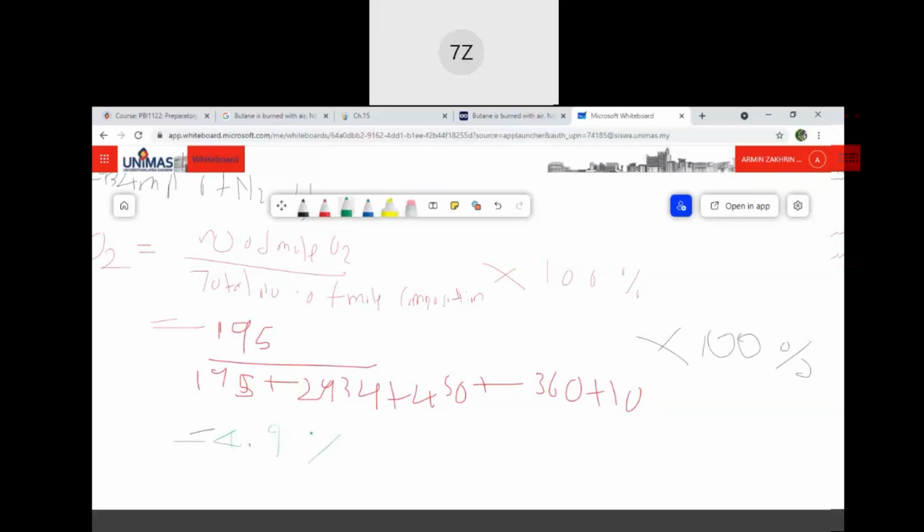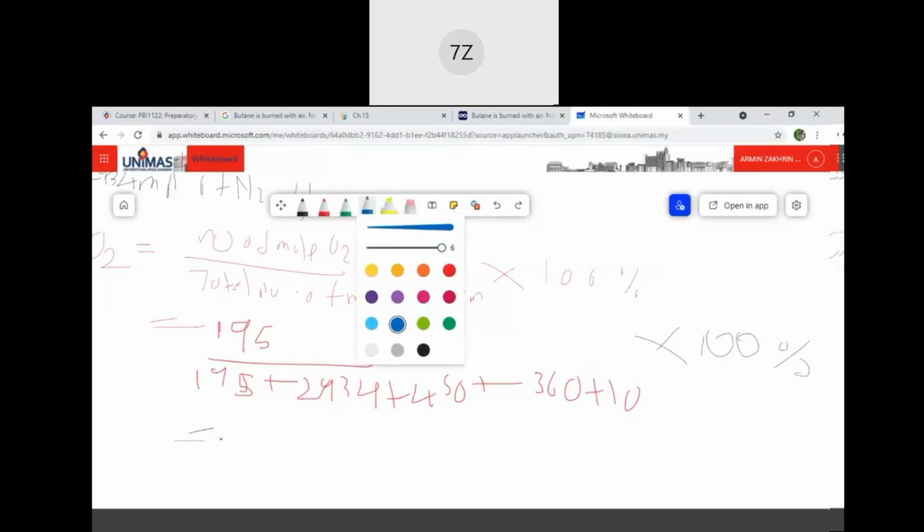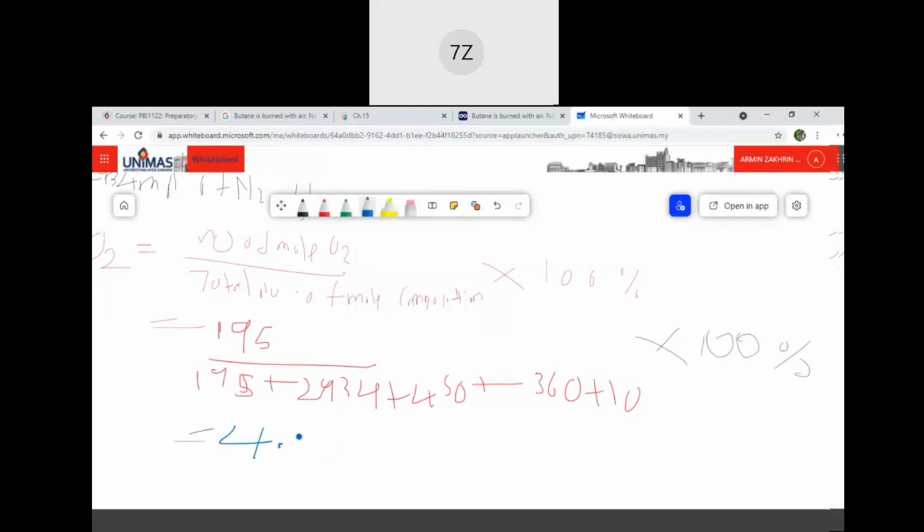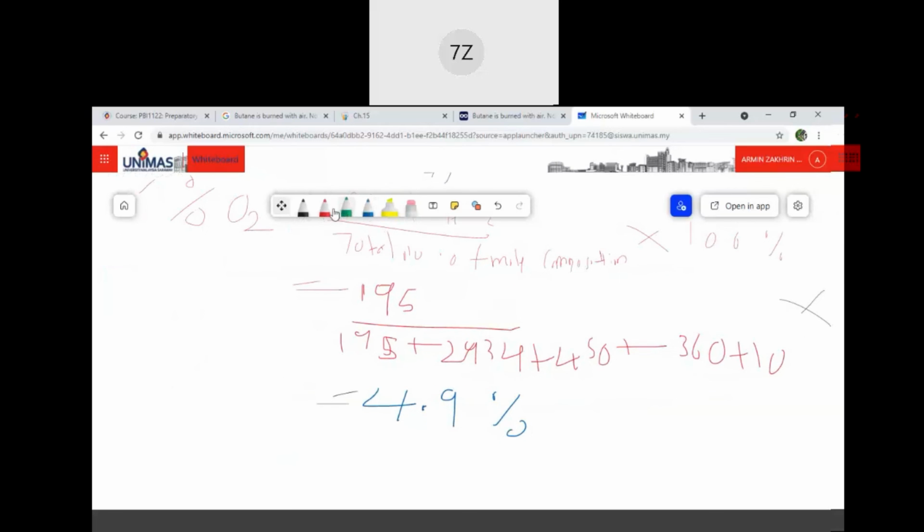4.9%, for oxygen. Then you can find the others.